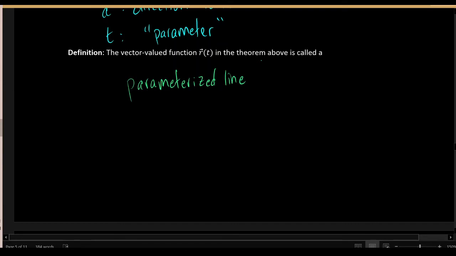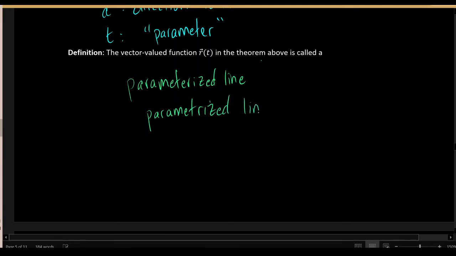Now, the autocorrect feature on Microsoft Word always gives me some trouble when I type parameterized without the E in between the T and the R. But I think that technically speaking, this mathematical term is properly spelled without that second E. Whatever you decide to do is fine.